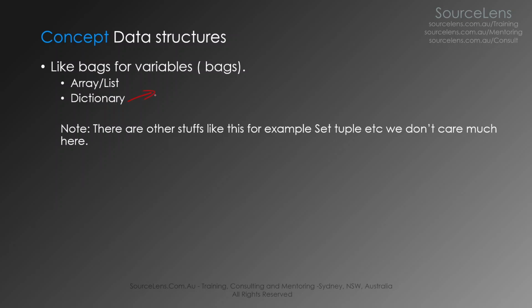All we need to understand is that a dictionary has a key and a value, and you can search or look up the value of a particular key, just like you do inside a normal dictionary.